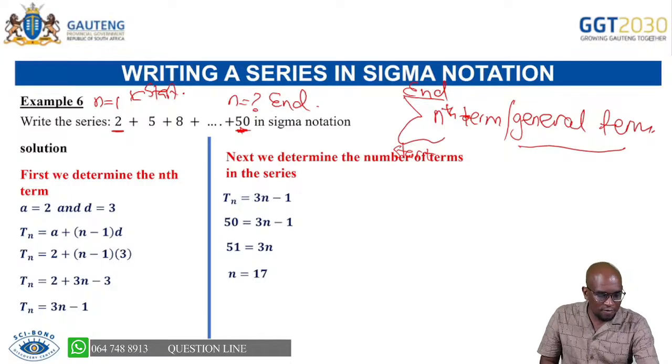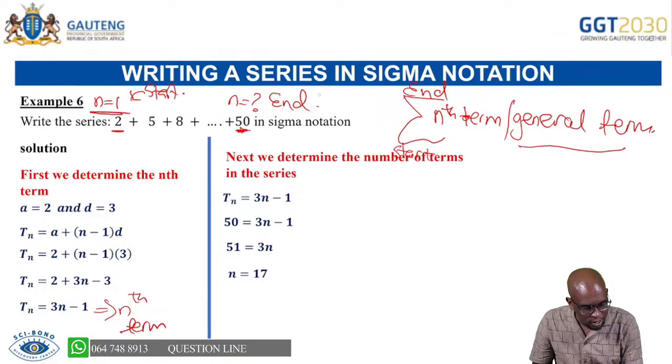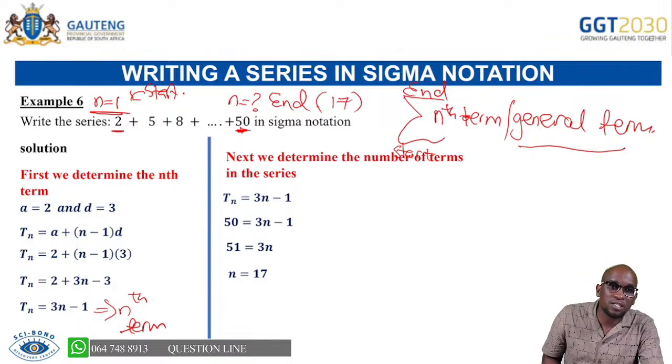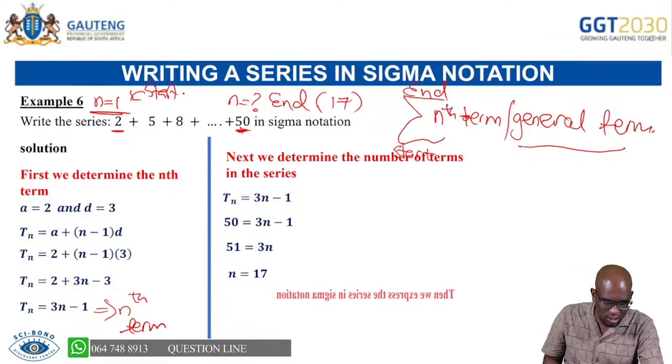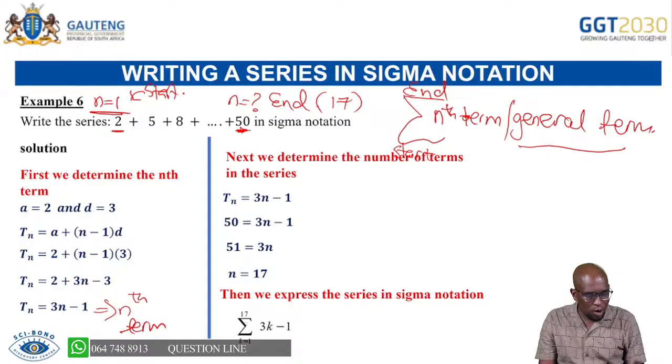Now we have the general term, we have the nth term. We know we started at 1. We now know we are ending at 17. So we can take that and put it in the summation. Then we express in sigma notation like that. There we go. So we start at 1 to 17, and then the nth term is 3k minus 1.